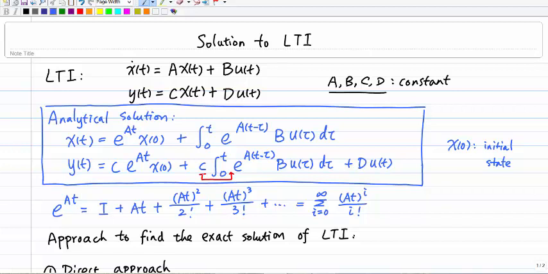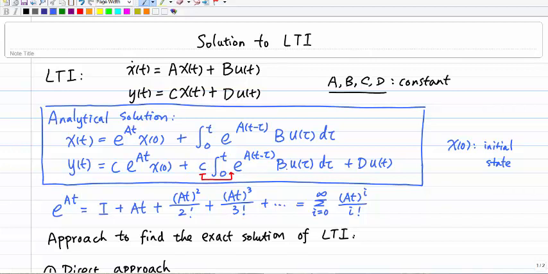Sometimes people move the C inside, because you can compute C times e to the A (t minus tau) times B u(tau) first. This can simplify the whole process a little bit. If a lot of the entries in C are zeros, you can move C inside to simplify the computation.